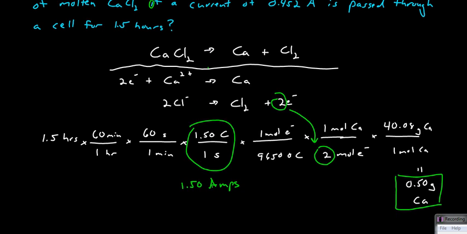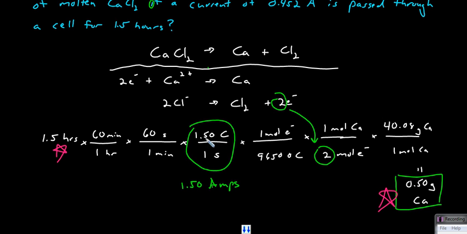Now, we're asked how much calcium can be produced using 1.5 hours and having an amperage, a current, of 1.50 amps or 1.50 coulombs per second.